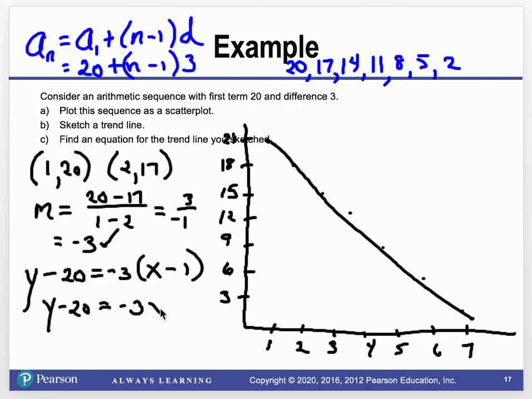I get -3x plus 3, and then solve for y, add 20. So y equals -3x plus 23. And look, there's that y-intercept we said we knew simply because this is actually a line.